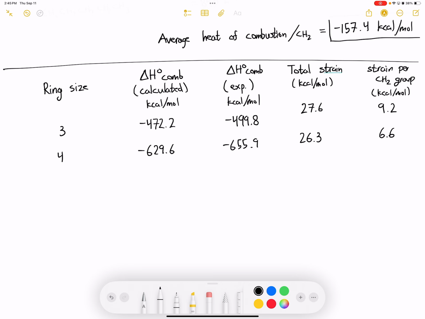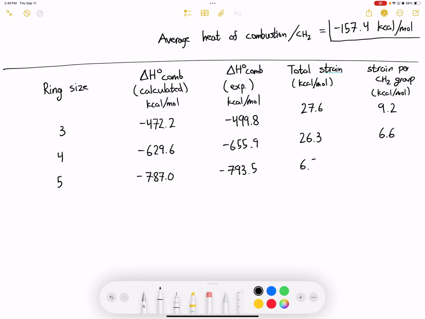Then we move down to 5, 6, and then we could actually go up to 14, but I'm just going to go 5, 6, and 8, because those are the most common ones we'll see. So 5, negative 787.0. The difference here is lower, negative 793.5.